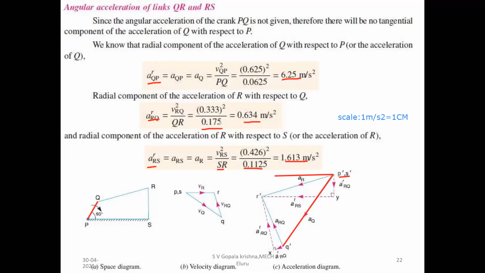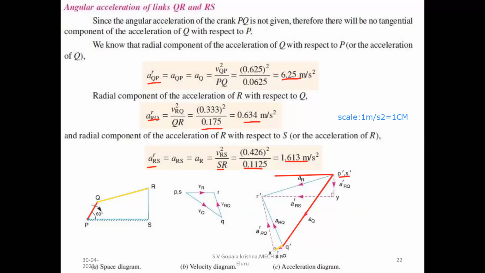Now the QR radial component is 0.634 meter per second squared. Now you have to draw QR, represented with another color. That is the radial component, and the direction is this one. Similarly, take the line parallel to QR, which is this one, and take only 0.6 centimeter.